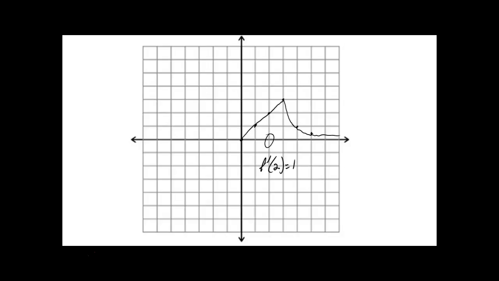Now, they also do another thing here, and I'm going to do it the way they did. They show a tangent line at x equal 4, and the tangent line at x equal 4 is that one there. Obviously, my drawing leaves a little to be desired.